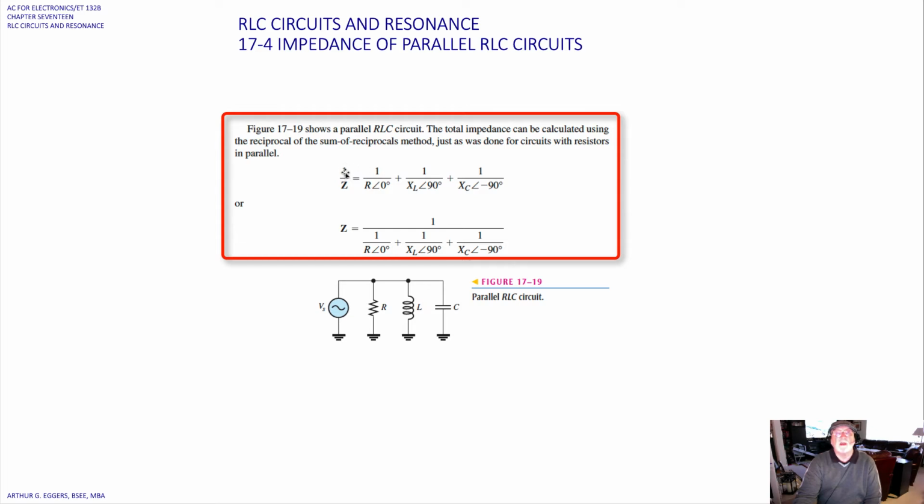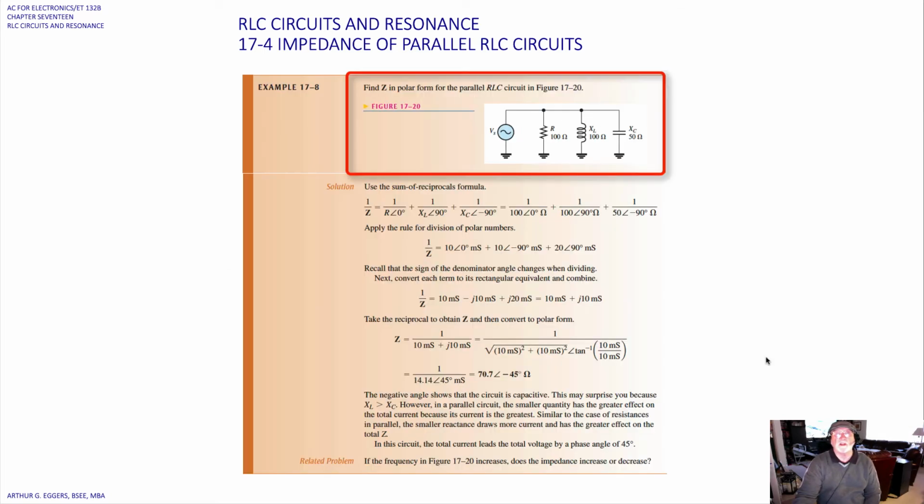So 1 over the impedance is equal to 1 over the resistance, 1 over the inductive reactance, and 1 over the capacitive reactance. If we want to invert that and get back to impedance instead of admittance, then we take the inverse of that. So we've seen this before in our DC studies.